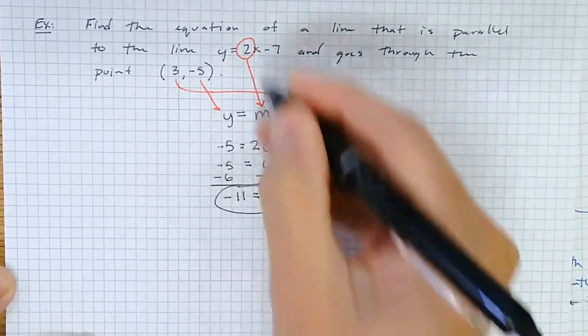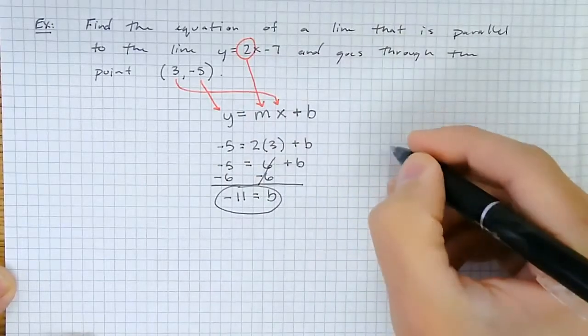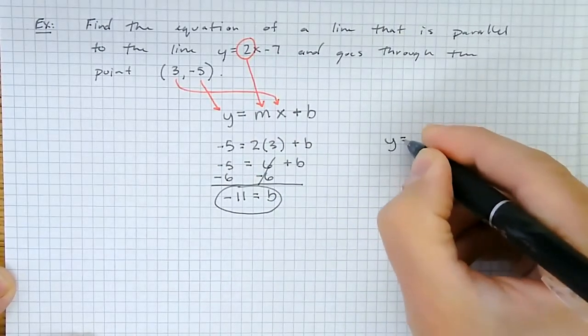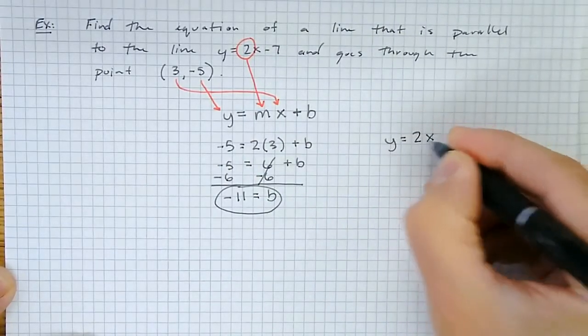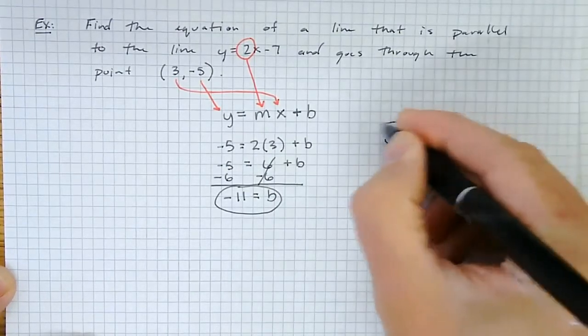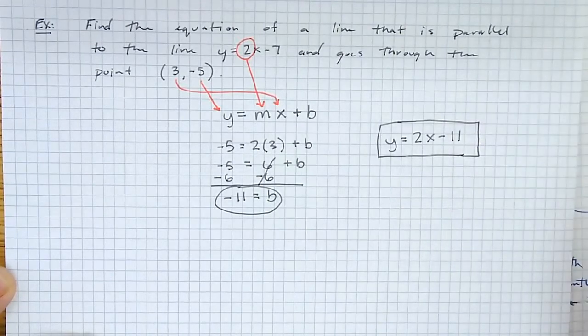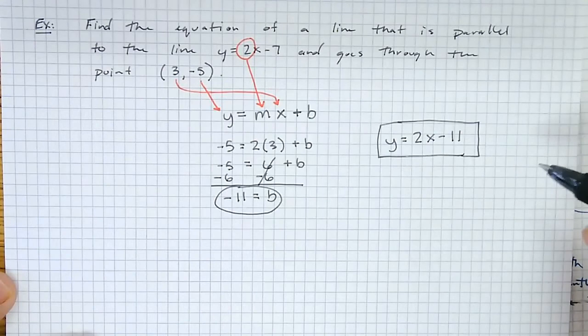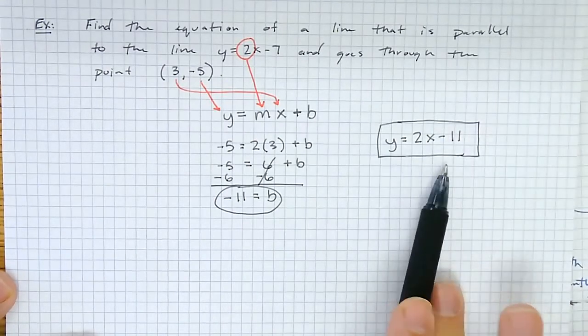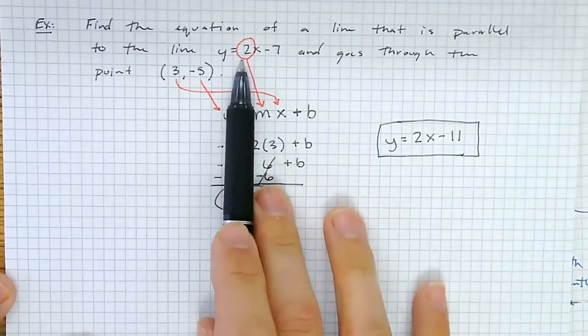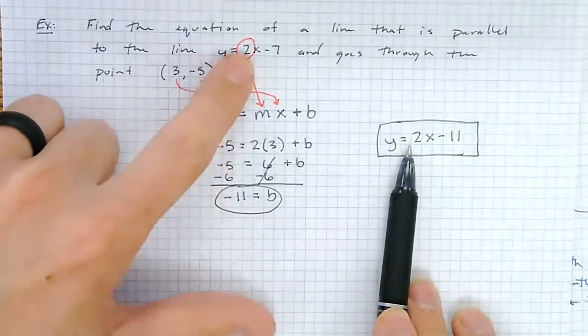So we take that along with our original slope of 2. So we get y equals 2x minus 11. So this is the equation of a line. It's parallel to y equals 2x minus 7 because they have the same slope.